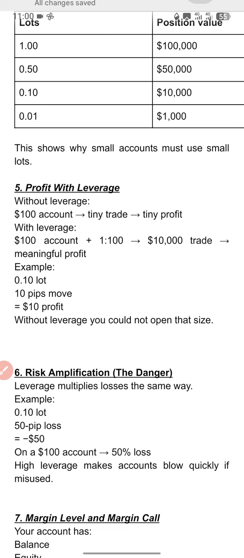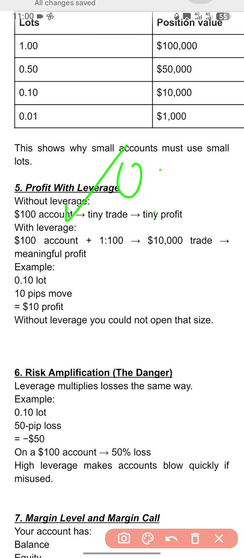Now we have the profit and leverage aspect. Without leverage, your account size is just $100, which means a tiny trade and tiny profit. With $100, you might not be able to open a trade at all, if your broker doesn't allow lot sizes below 0.01.